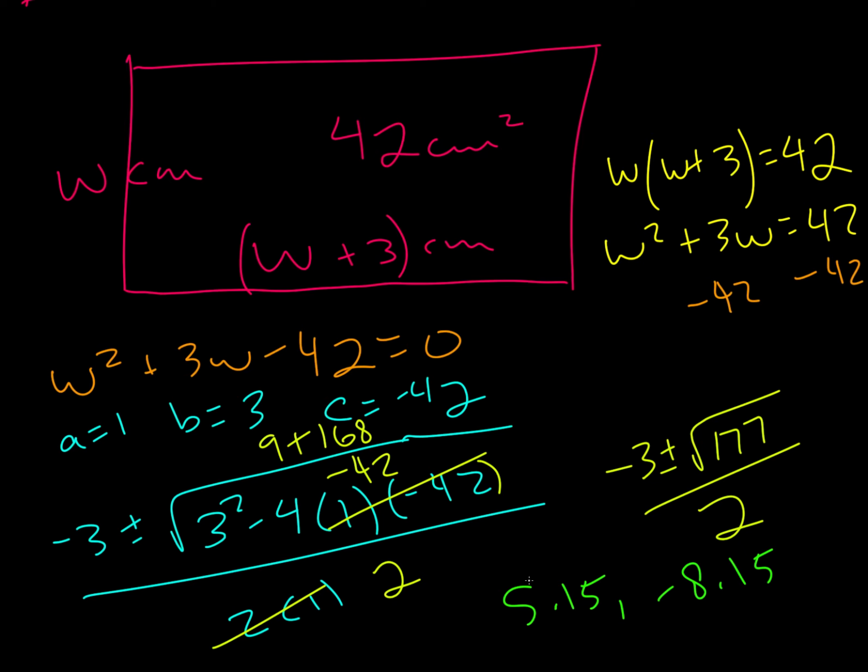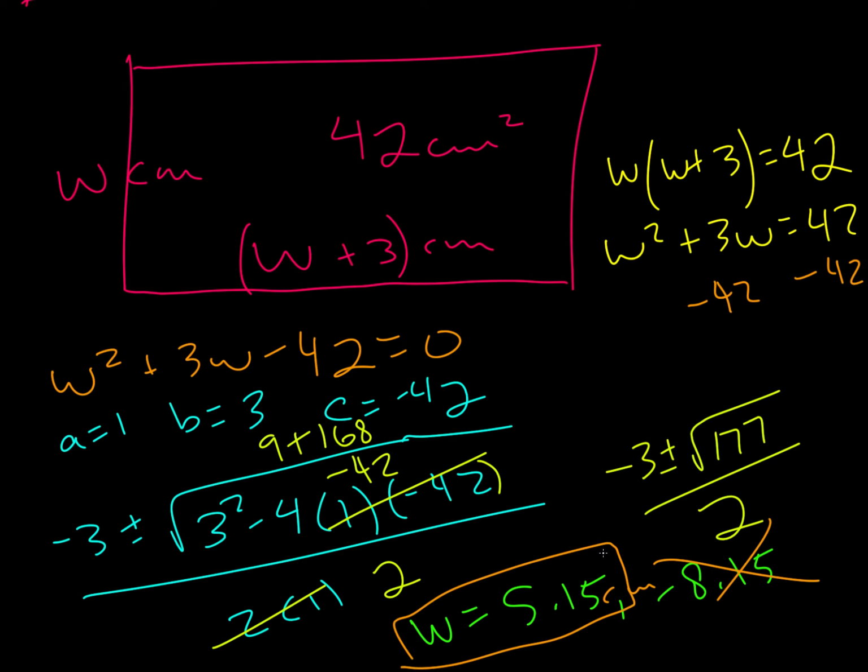Now, keep in mind that these are what we are claiming our width to be. Having a negative width does not make sense, and so we're going to throw that out. And so our answer that we're looking for is going to be this one. Now, we need to write our answer as a sentence, so I'm going to go back through and read the final question.